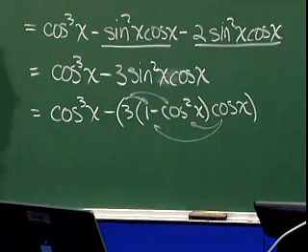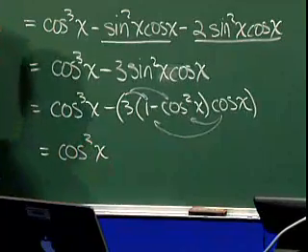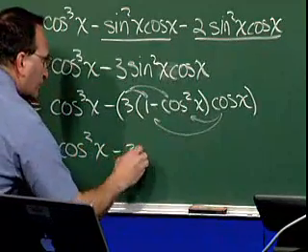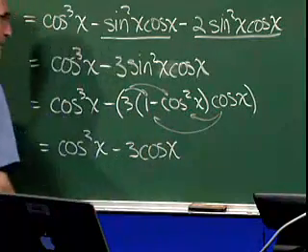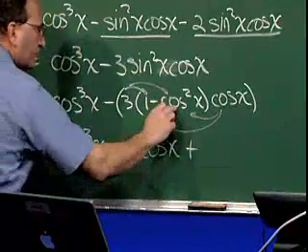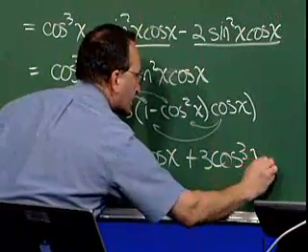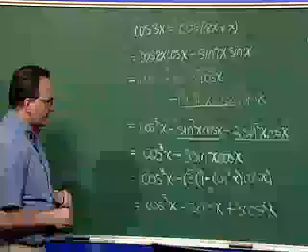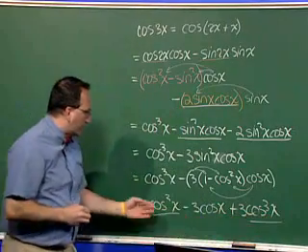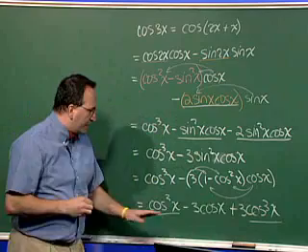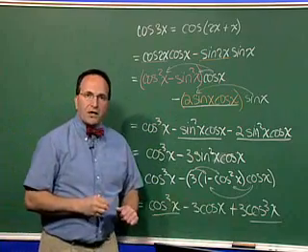So what I have now is cosine cubed x minus 3 cosine x plus 3 cosine cubed x. I see that I have a cosine cubed and a cosine cubed, so I can combine those together to give me 4 cosine cubed x minus 3 cosine x.